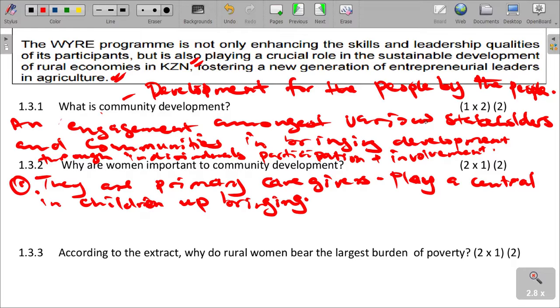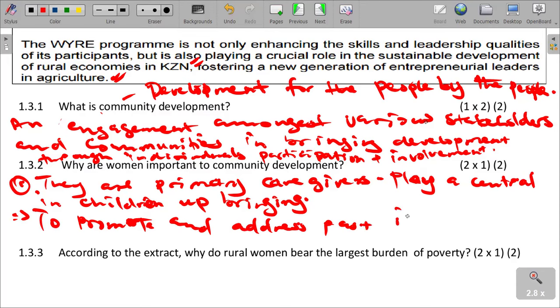And also we can talk about promoting inclusivity, as they have been marginalized, to promote inclusivity or redress policies. They are also important in order to promote and address past imbalances.